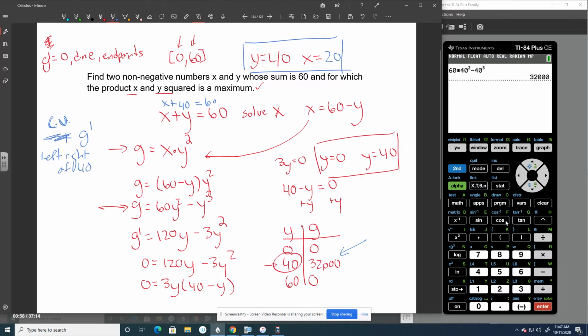Because to be a maximum, to the left of 40, I need to be increasing, and to the right of 40, I need to be decreasing. I need to have that maximum.